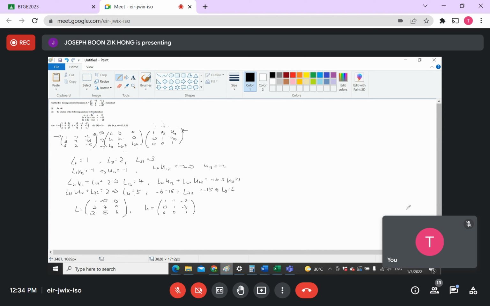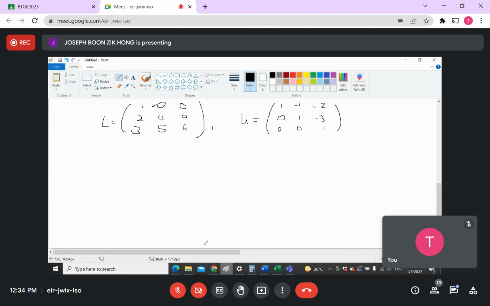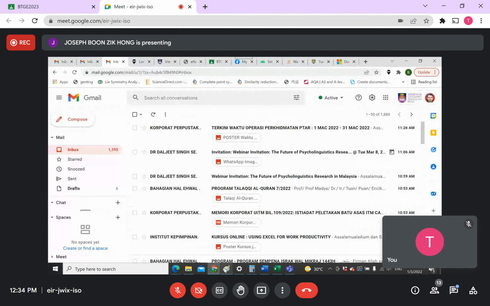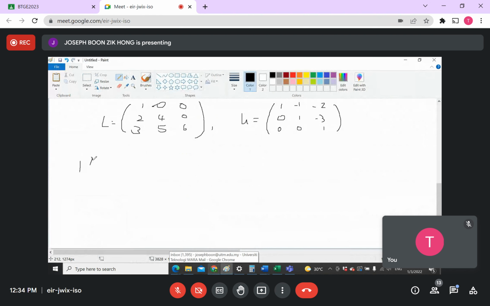Okay, so after I get the U and L, now I want to find the A. How are you going to find the A? The A will be equal to L times U. So how you get the L?